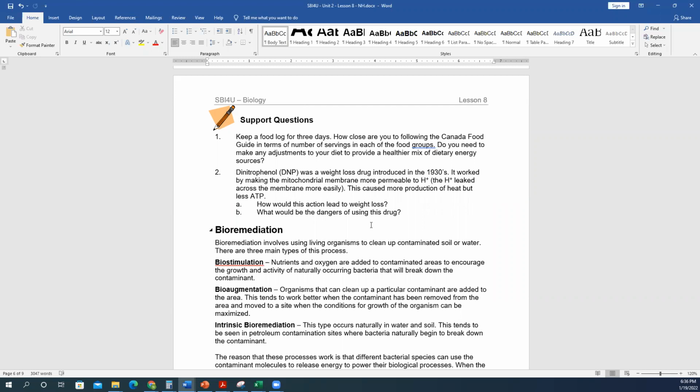And then number 2, which is also a support question, is that DNP was a weight loss drug back in the 30s, and it worked by making the mitochondrial membrane more permeable to protons, so that the protons leaked across the membrane more easily. And if you remember from our previous lesson, you can appreciate why this would be considered a weight loss drug, and why would it work in that way?